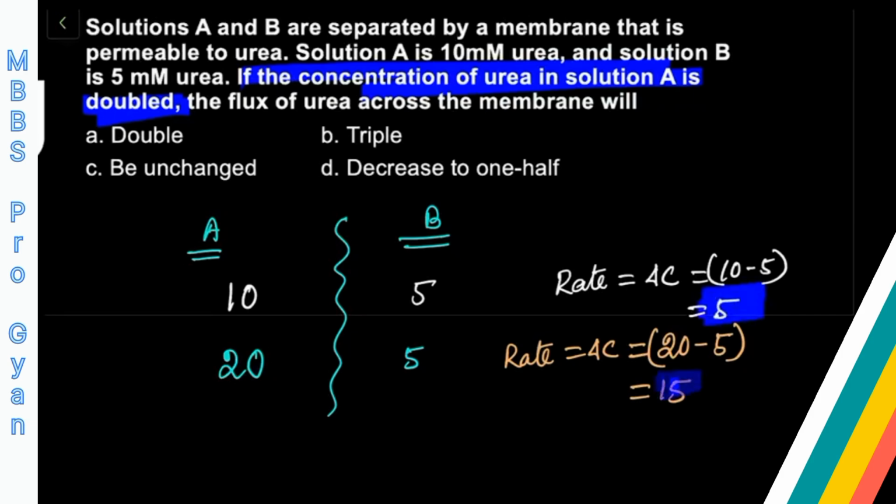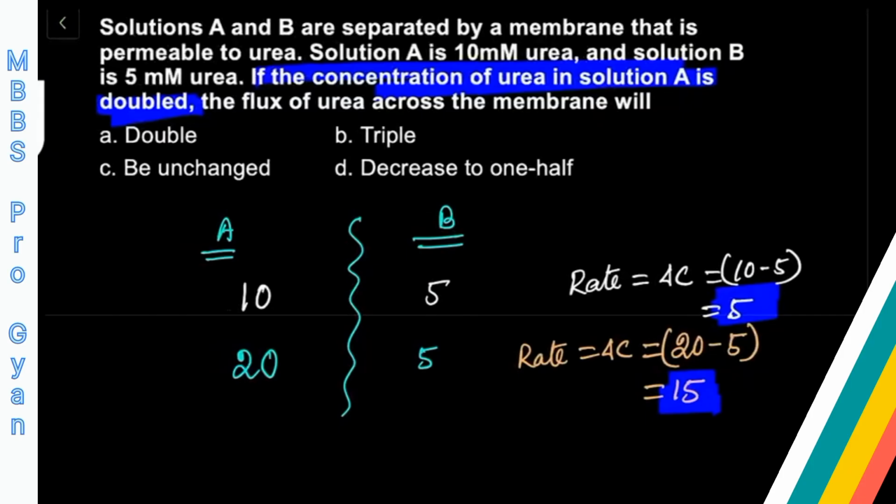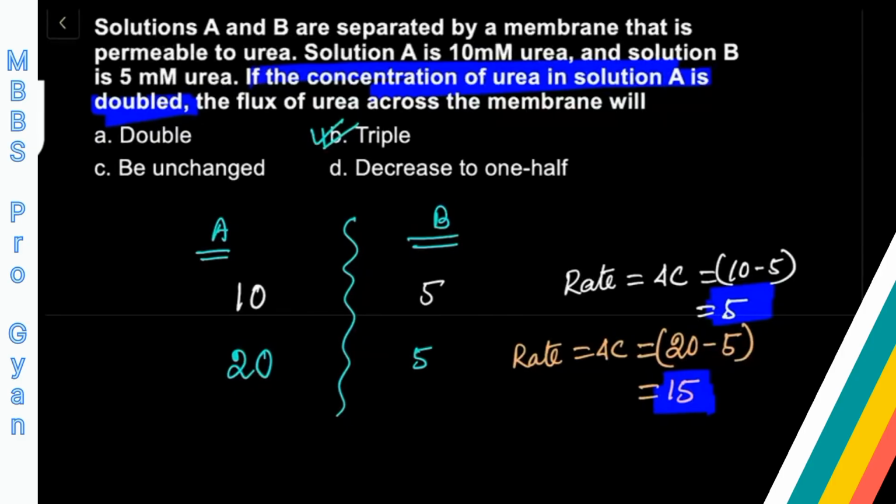Previously the rate was 5 millimole per minute or second. Now it is 15 millimole per second or minute. So it has changed 3 times. That's why the answer is triple.